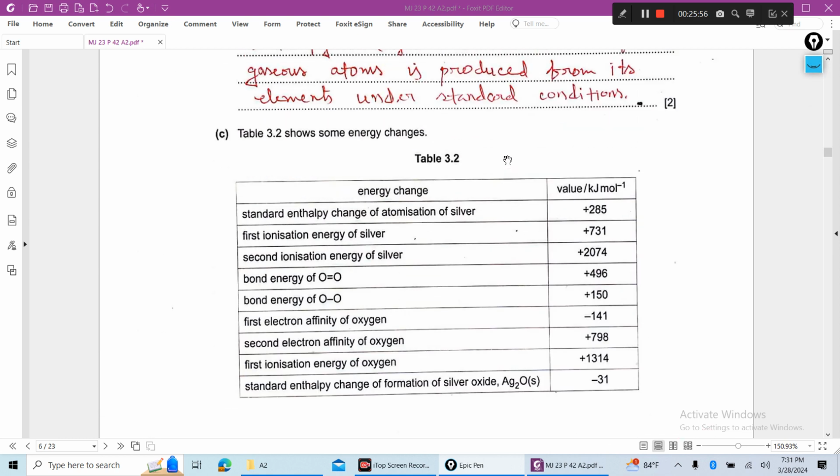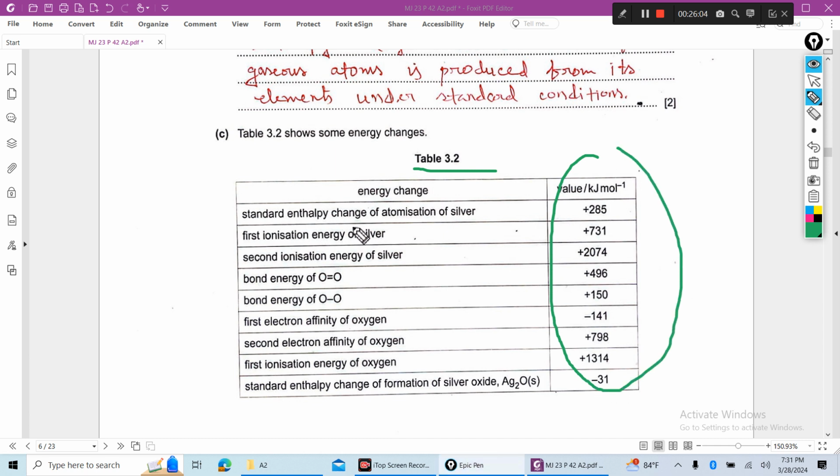Now part C, here table 3.2, yes, there are some values given. Standard enthalpy change of atomization of silver, first ionization, second ionization, bond energy of oxygen double bond, single bond, first electron affinity, second electron affinity of oxygen, first ionization energy of oxygen, and standard enthalpy change of formation of silver oxide.